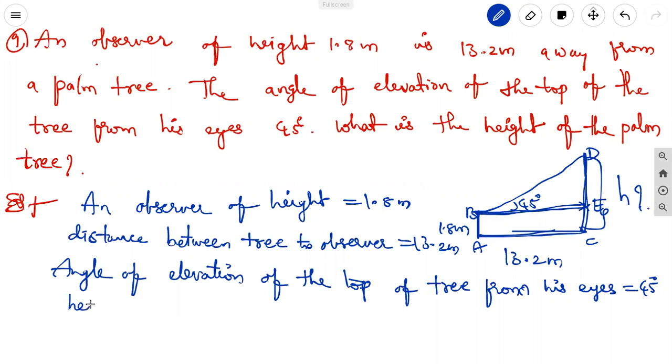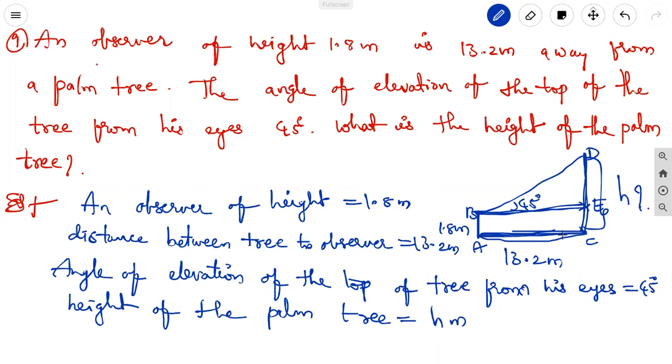Next, the height of the palm tree is equal to h meter. So here, how much distance from A to C?